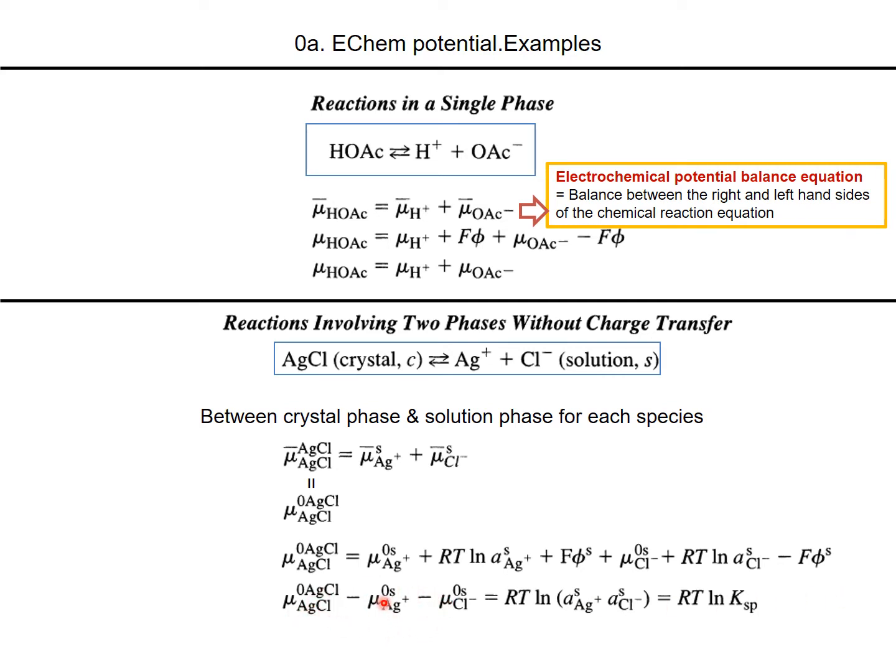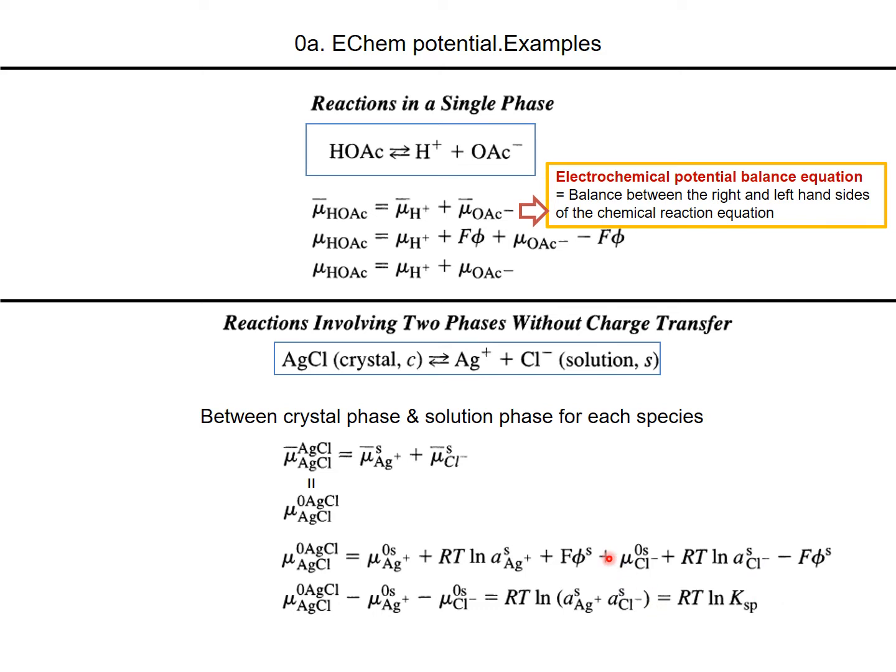And then what remains on the other side of this equation is the activity term, right? So RT ln of the activity of silver plus times the activity of chloride minus. So this is a kind of equilibrium potential, especially for the precipitation reaction, which is the backward reaction of this reaction.